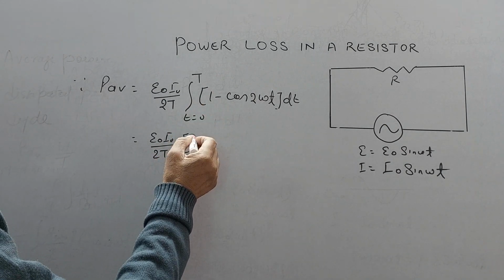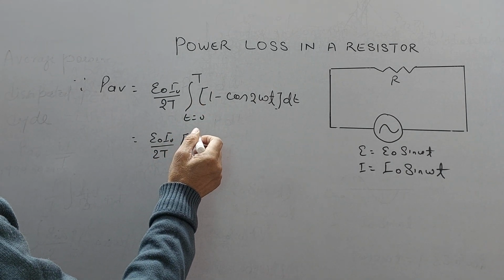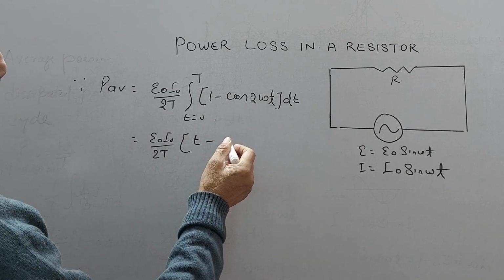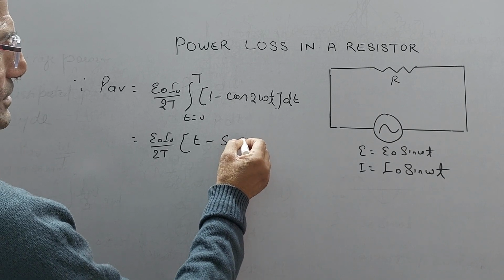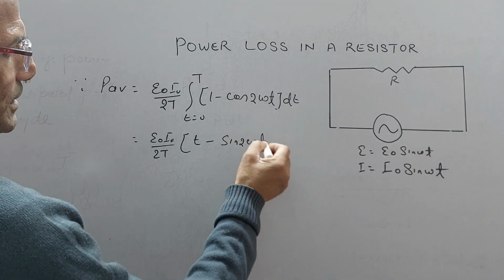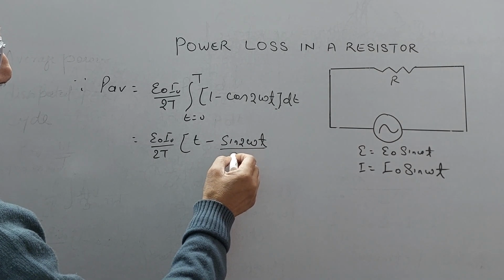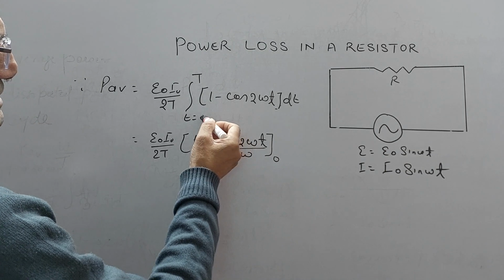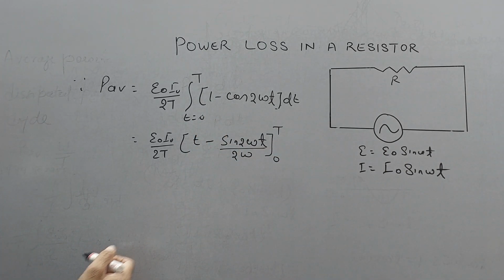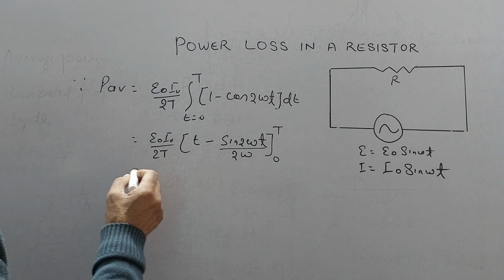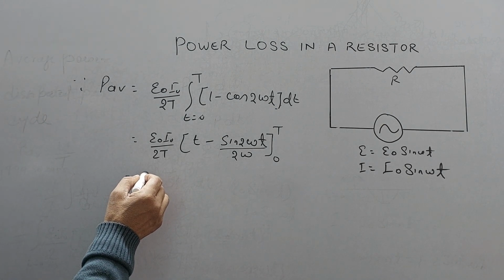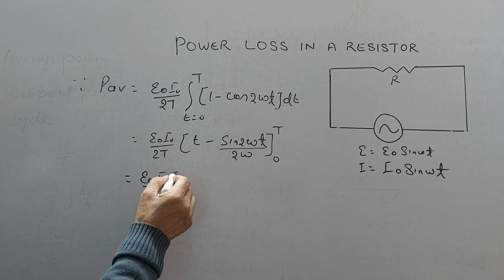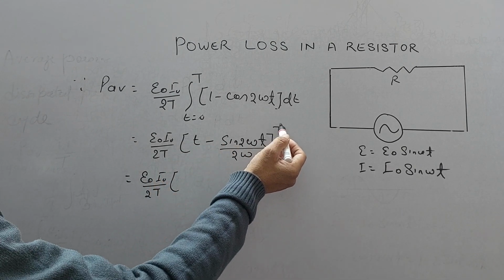The integration of 1 with respect to t is t, and the integration of cos 2 omega t is sin 2 omega t divided by the coefficient of t, which is 2 omega, with the lower and upper limits.